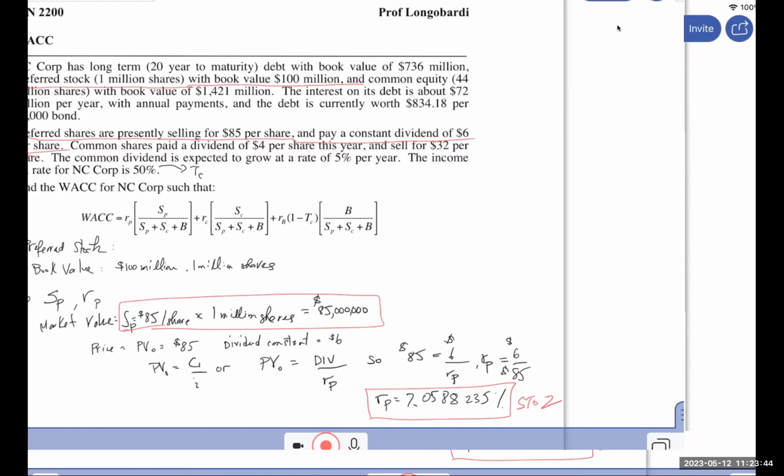Recall 3 times recall 5, store 8. Recall 1 times 0.6 times recall 6, store 9. So recall 7 plus recall 8 plus recall 9.